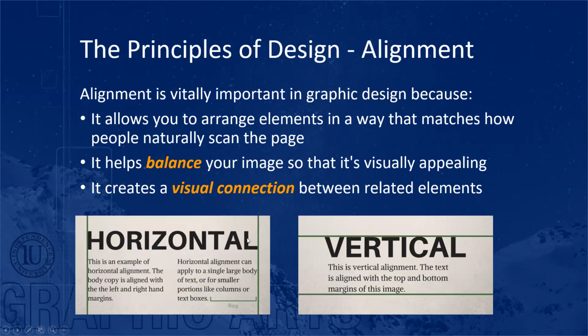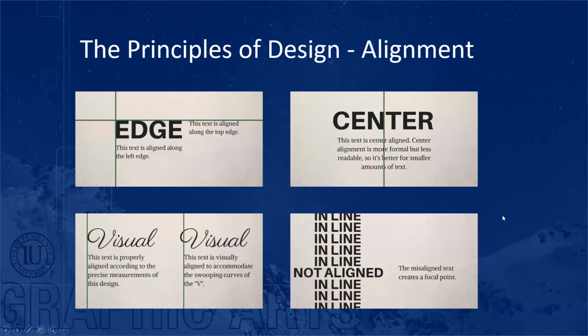Horizontal alignment, where we have, ironically enough, the vertical lines that make it look like it's going this way. We have vertical alignment here, where the vertical line right here... I'm sorry, I accidentally clicked on that, and I had a little bit of a brain fart there.